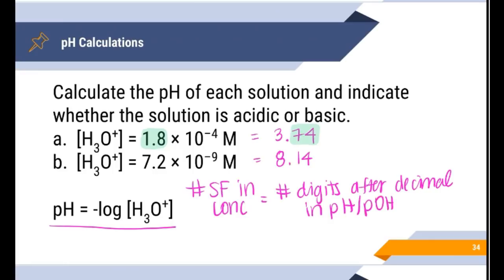So it's not just a regular sig fig rule, it's a little bit different. So if I look here, I have 2 sig figs total, 2 digits after the decimal place. Please let me know if you need help putting this in your calculator, but it's just a plug it in kind of thing.